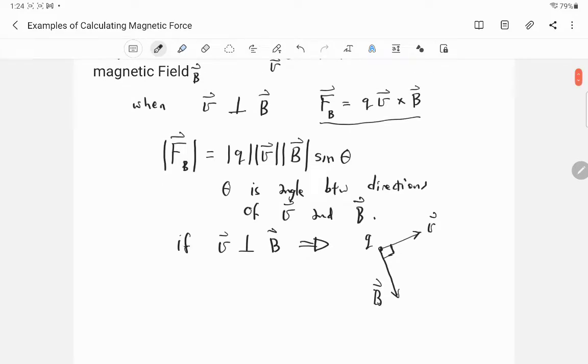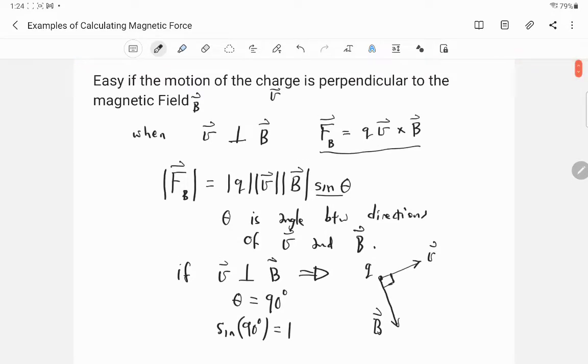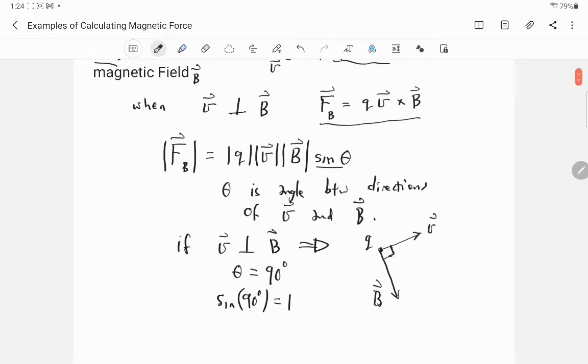So if V is perpendicular to B, then theta is 90 degrees, and the sine of 90 degrees is 1. So we're going to put in 1 for the sine of the angle when the motion of the charge is perpendicular to the magnetic field. That's the simplest case, so it's the easiest.